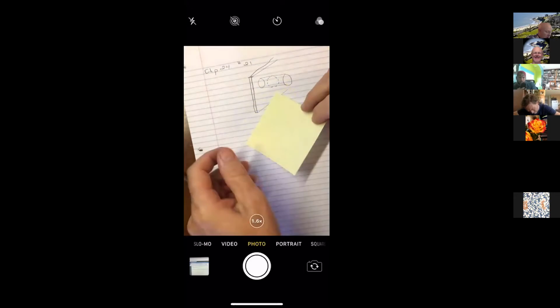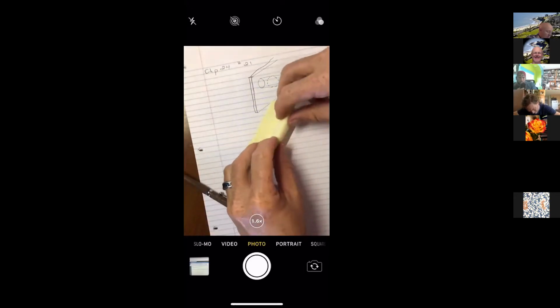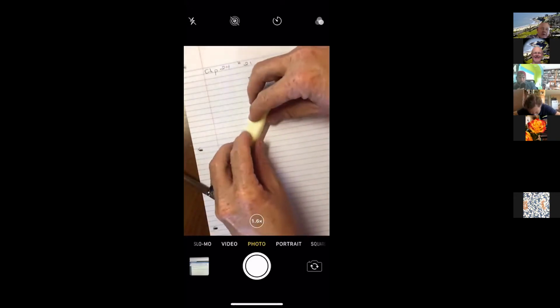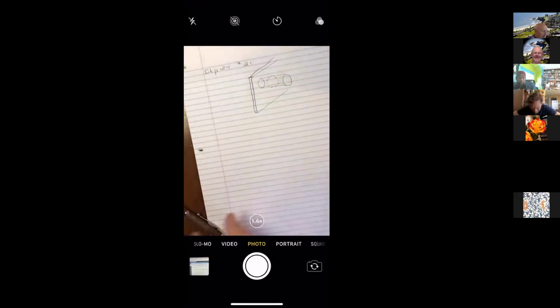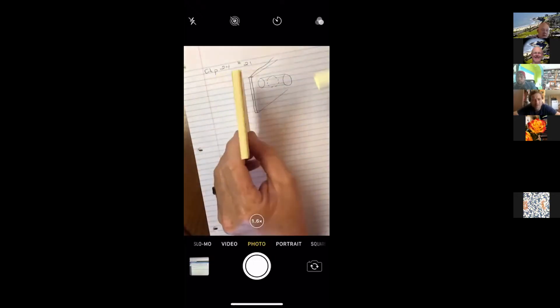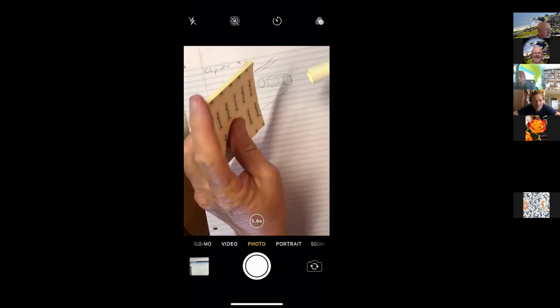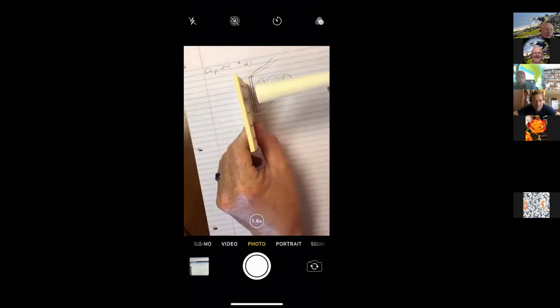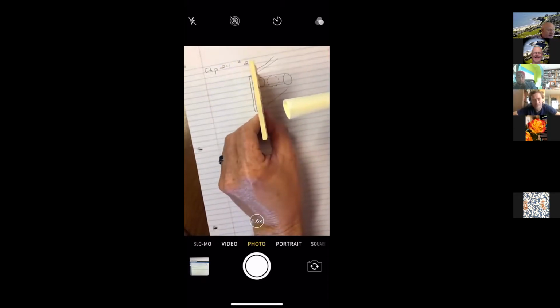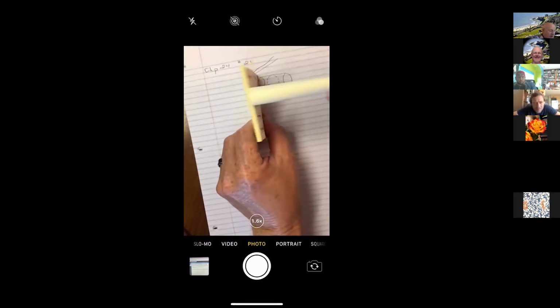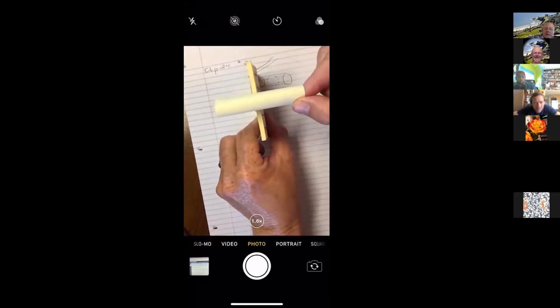If I made a cylinder here and use the sticky notes as the sheet, imagine this. Here's the sheet, and you're looking straight down on it, and I put this cylinder right in the middle.